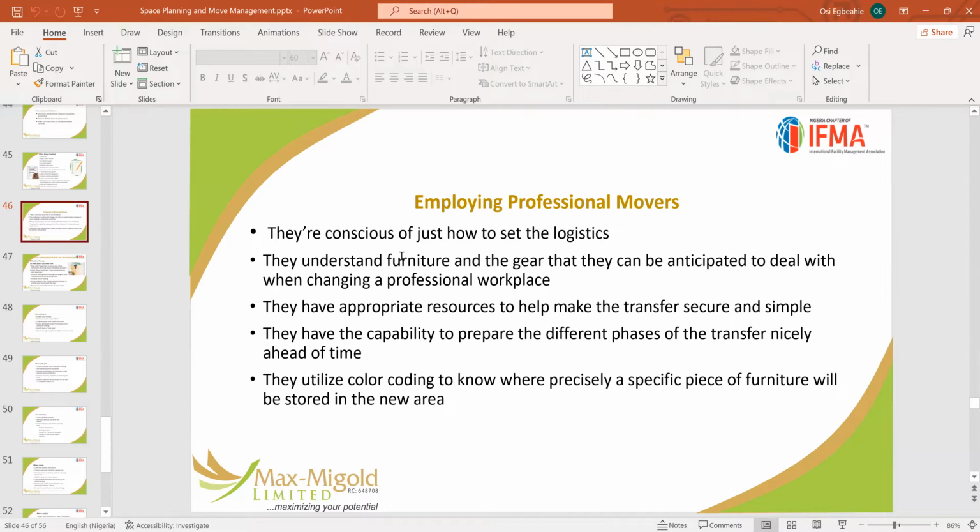Employing professional movers. This is very important, because they are very professional in what they do. They already know it. They are conscious of how to set the logistics. They understand furniture and can anticipate many forms of destruction. They understand what it means.